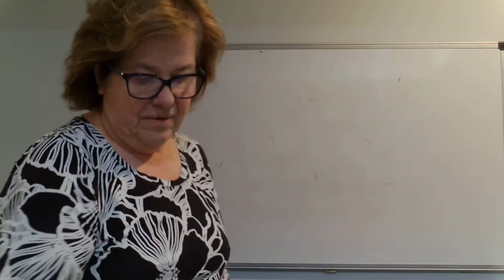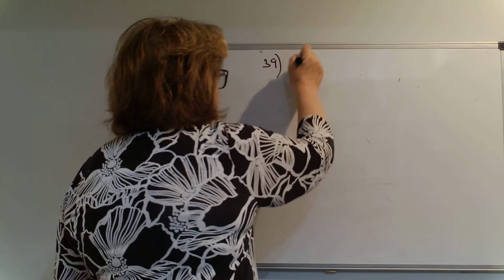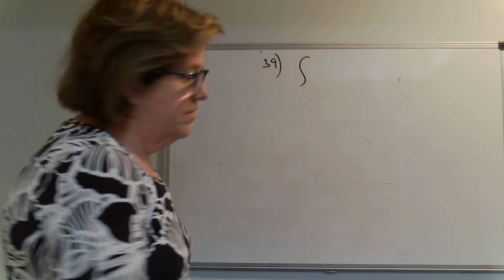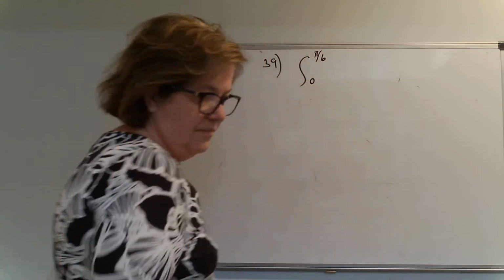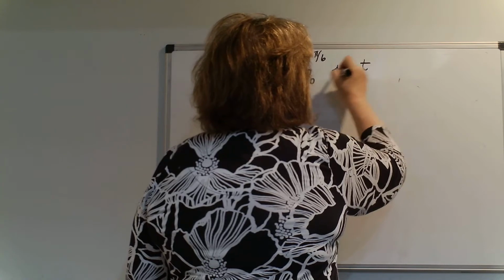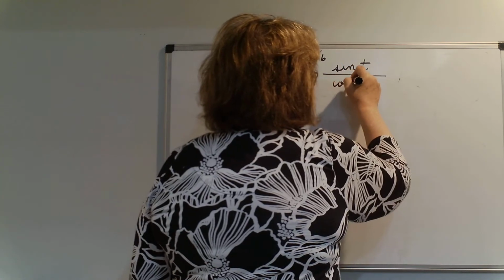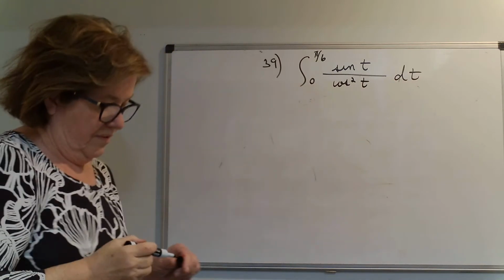Number 39 is a definite integral. The integral from 0 to pi over 6 of sine of t over cosine squared of t.